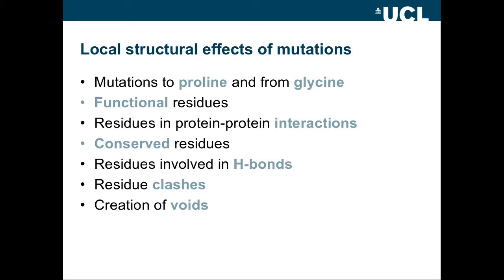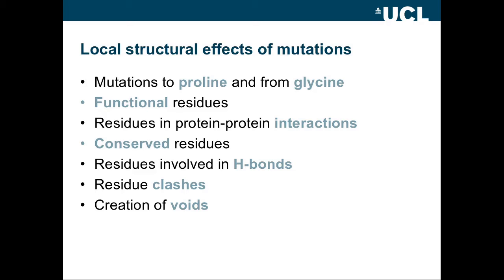So how can we understand the effects of mutations? Well, you can look at a number of different things, and this is a set that we use. We use some other things as well, but these are the main things. Mutations to a proline and from a glycine. Remember that proline and glycine are the unusual structural amino acids.